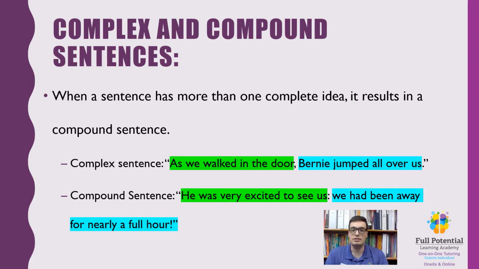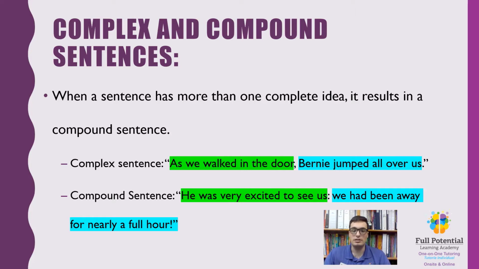A complex sentence has an idea that cannot stand on its own and needs another idea to go with it, as shown below. As we walked in the door, Bernie jumped all over us. The second idea supports the first idea, since "as we walked in the front door" is an incomplete sentence and needs the latter half of the complex sentence to be finished.